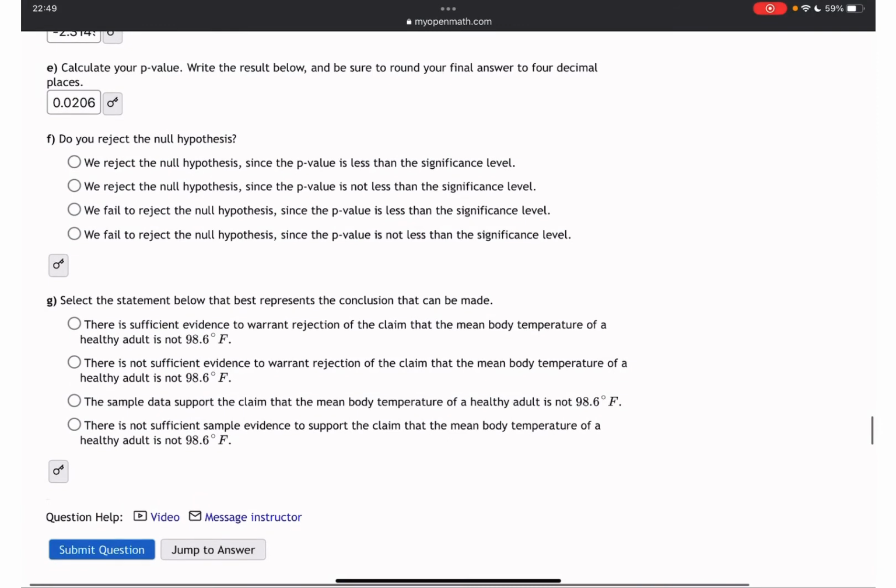Because it's less than, then we reject null hypothesis since p-value is less than significance level. Here it is.